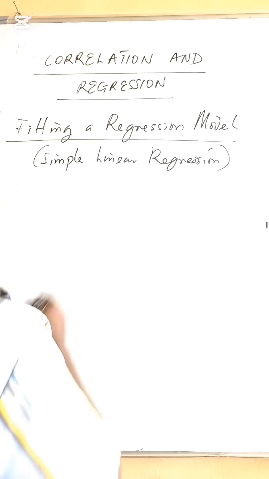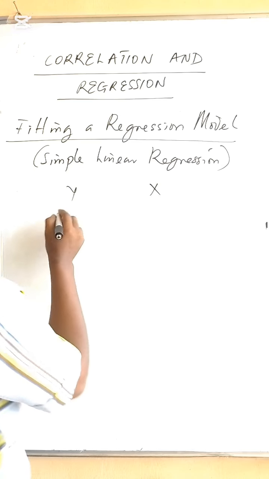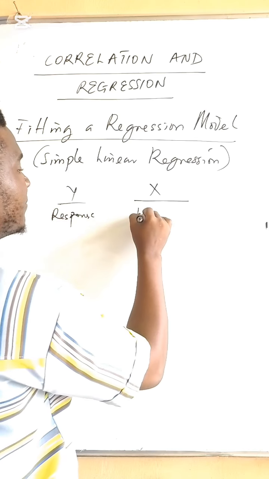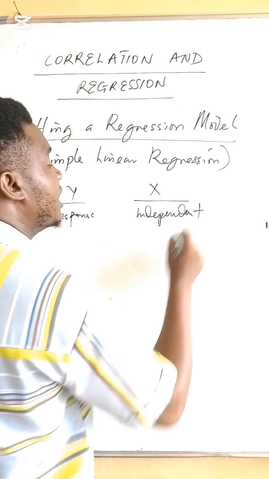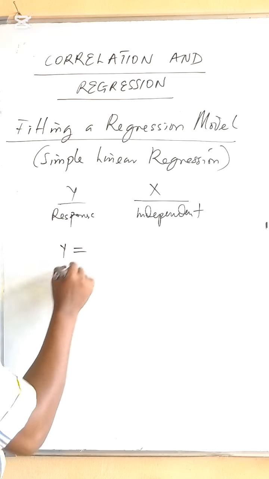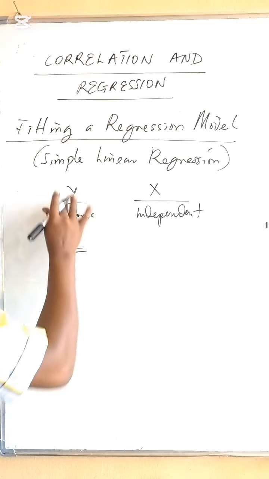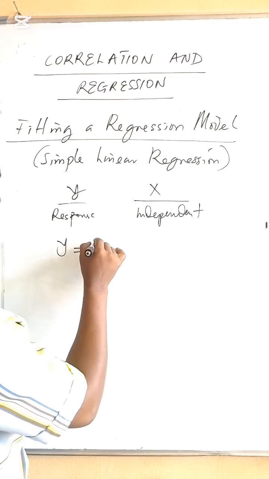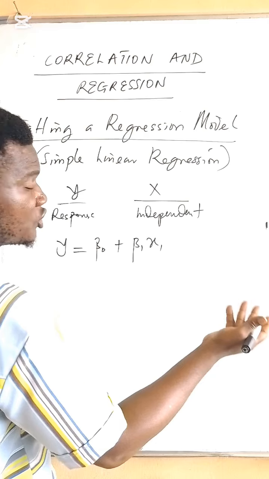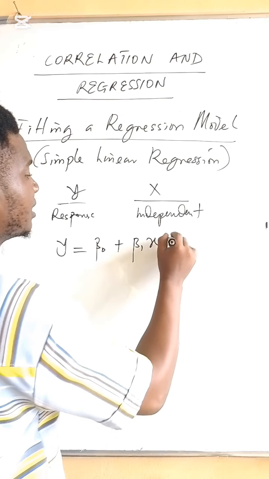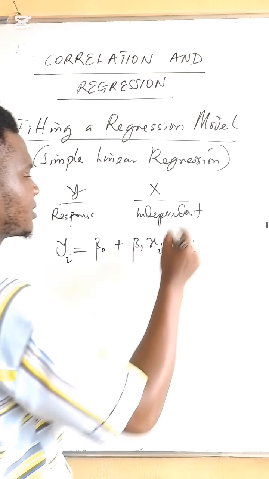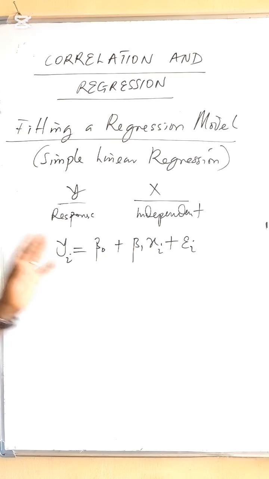So, if there are two variables y and x, in which case I'm taking y as my response and x as my independent variable, then a simple linear regression model will be of the form y equals beta naught plus beta 1 x, plus an error term. So precisely, let's put this as our simple linear equation.